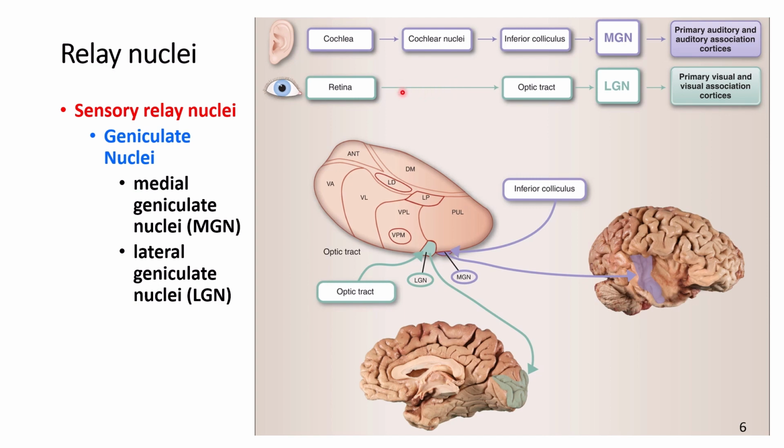So optic nerve, optic chiasm with CH, and then the optic tract, and from there it goes to the lateral geniculate nucleus, and from here it goes to the cortex of the brain, primary visual cortex and visual association cortex. That is through the optic radiation.